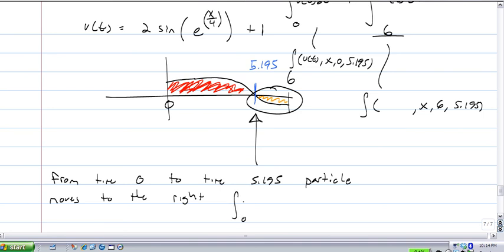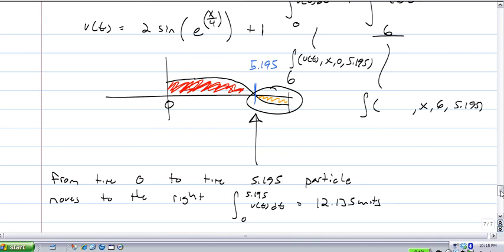Well, the integral from 0 to 5.195 of v of t dt, which equals, okay, integrate my velocity function from 0 to 5.195, that is 12.135 units. Okay, now that's not your answer though. That's just how far it moves to the right.